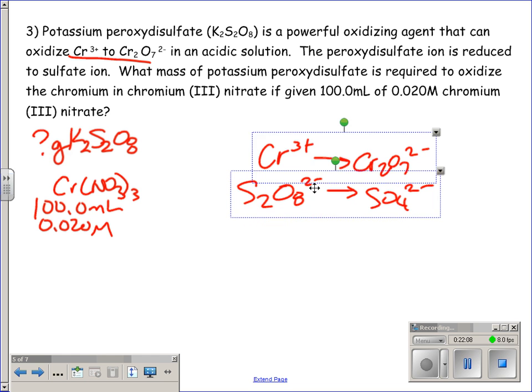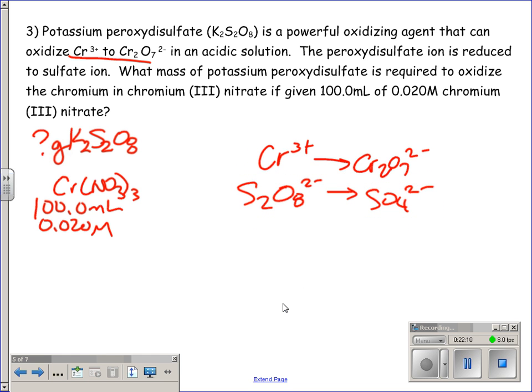Okay, let's balance these. 7 waters go over here, 14 H pluses, 6 electrons here. And this needs a 2. Multipliers?